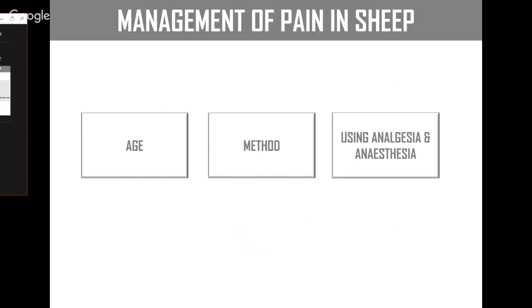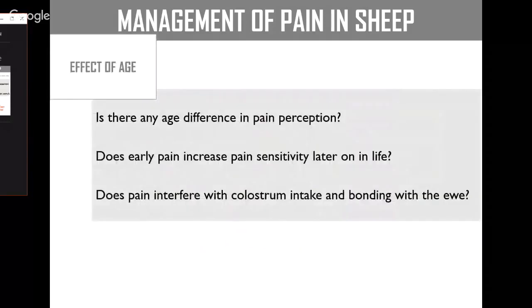Now, let's look at the effect of age first. And here, I think we have three relevant questions. The first one is whether there is any age difference in pain perception. So whether very young lambs are more or less sensitive to pain than older lambs.